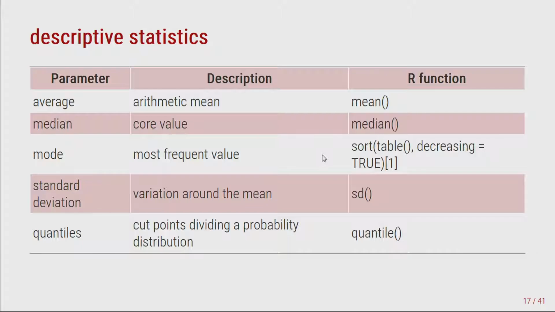We can use the function table to count how many observations we have, sort them from the most frequent to the least frequent, and get the first one. This is the mode. Then the standard deviation and the quantiles.